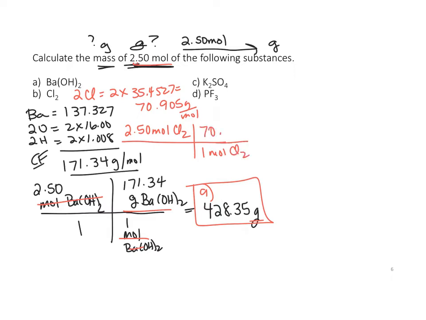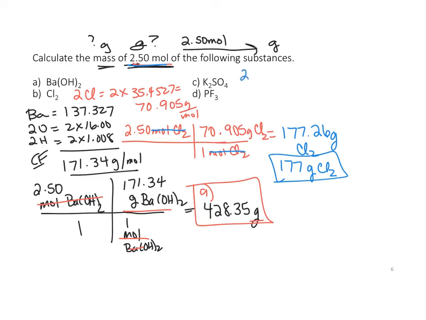You use the molar mass, 70.905 grams of chlorine. And now you know that cancels out, and you know to multiply 2.50 times 70.905. And they give you 177.26 grams of chlorine. And if you did want 3 significant figures, it would be 177 grams of chlorine.